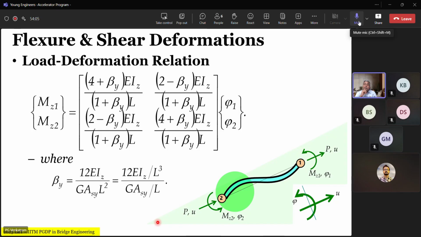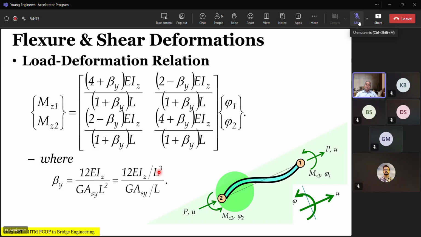When? If the length is very large, I will say that beta will tend to go to 0. So therefore, beta will go to 0 when length is very large.